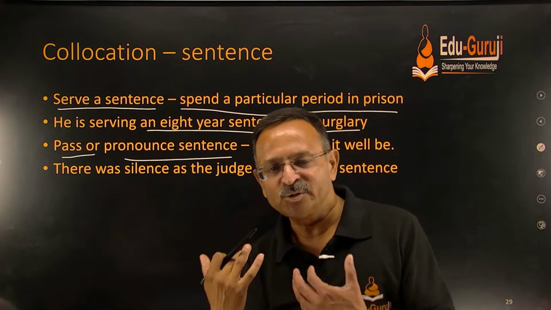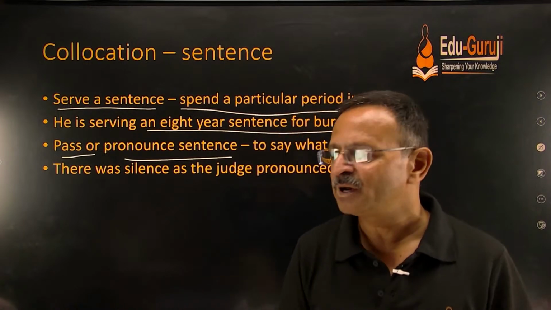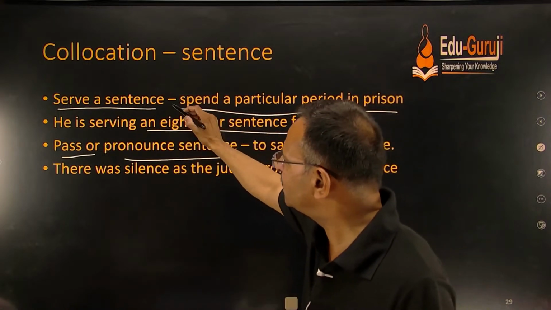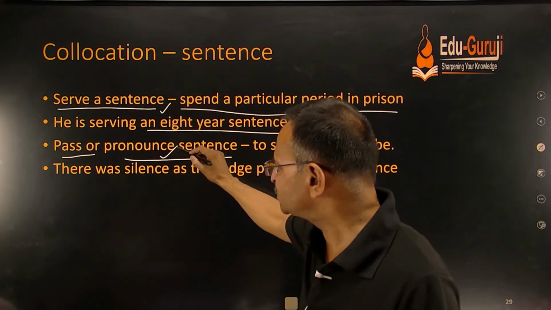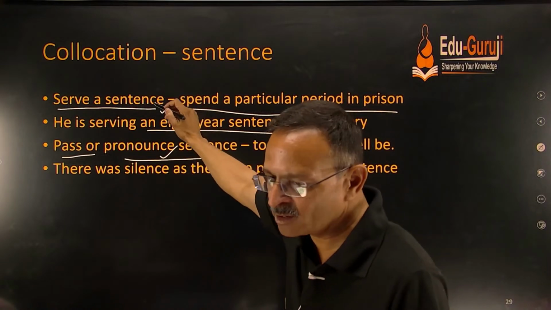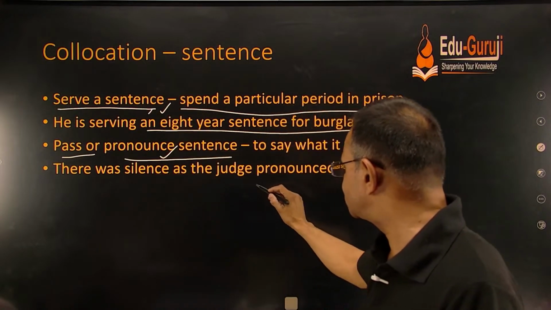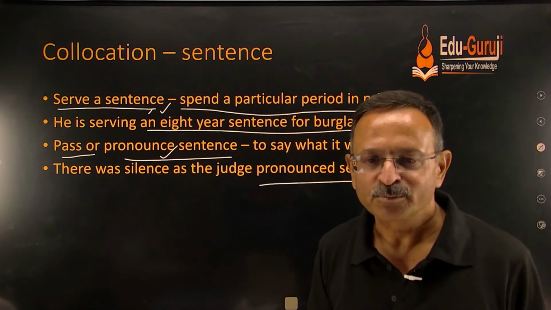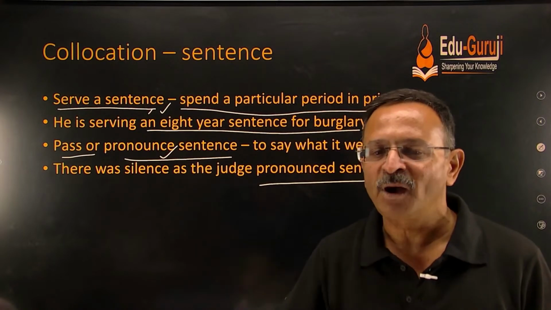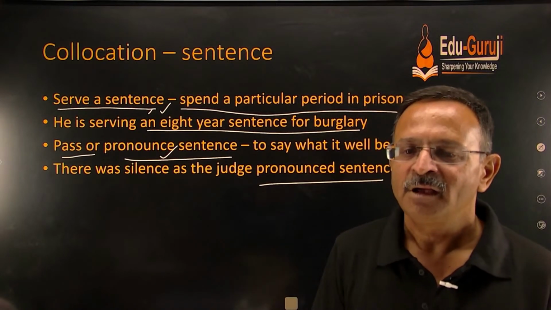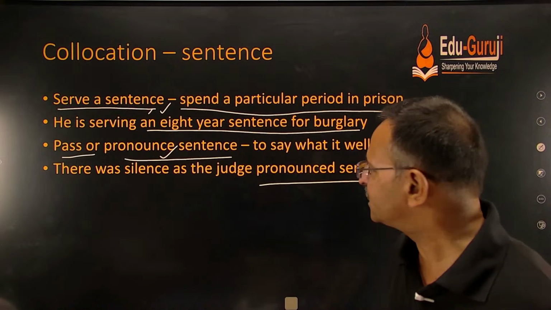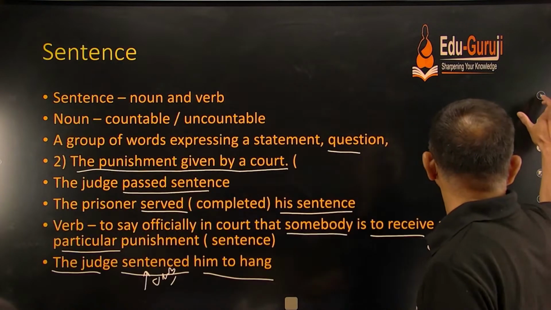Whenever you're using sentence in terms of punishment, these two would often be used: pass or pronounce sentence, and serve a sentence. There was silence as the judge pronounced the sentence. So the collocations are serve a sentence and pronounce or pass a sentence. Let's see the next one.